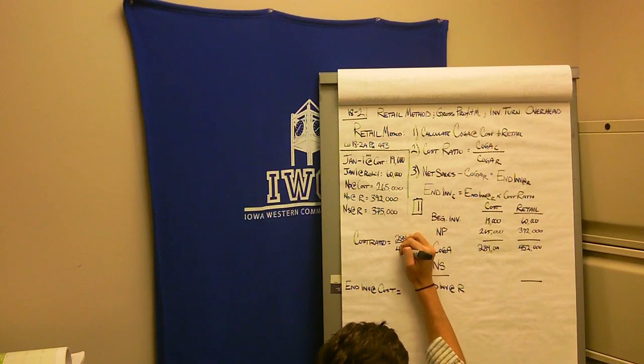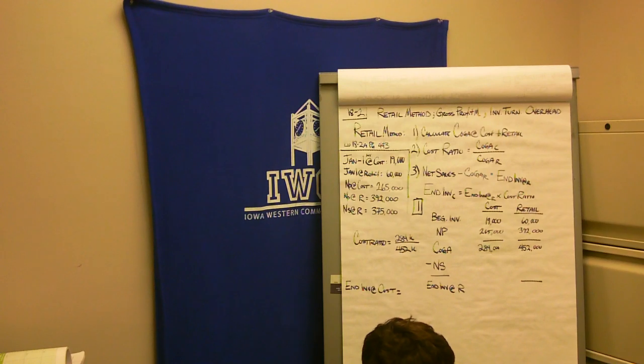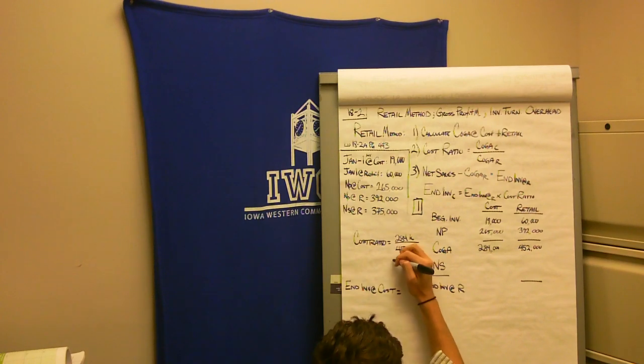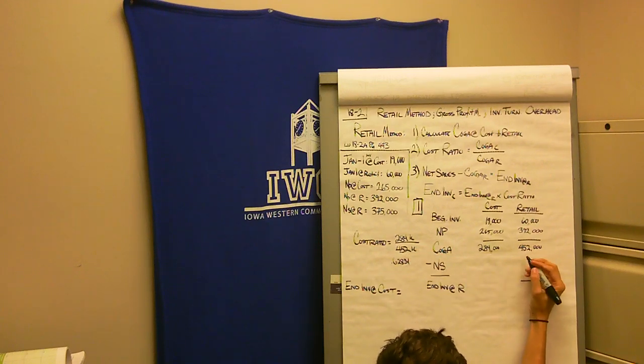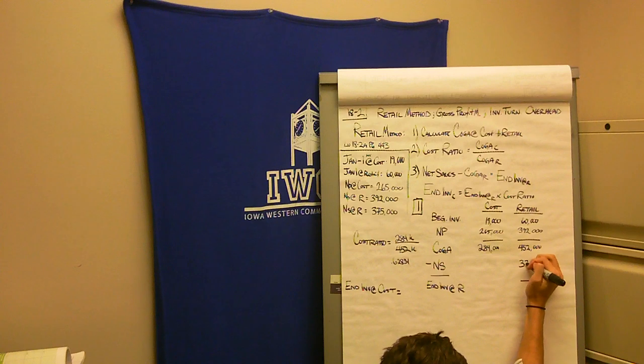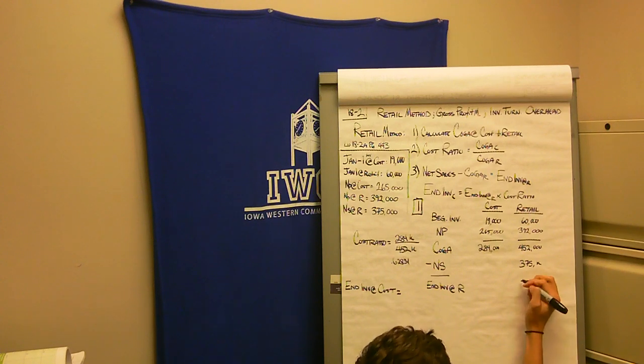284,000 divided by 452,000, which is 0.62831. Our net sales is 375,000, so I do subtraction there and get 77,000.